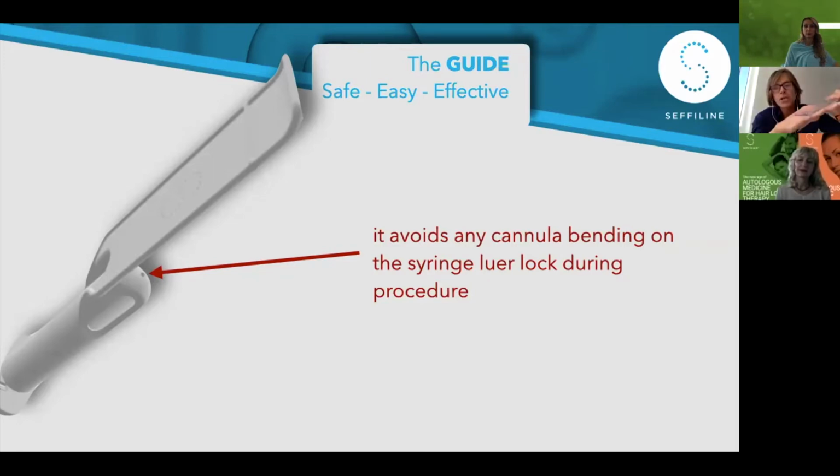During the procedure, you have movement in the hand. This avoids any kind of bending of the cannula at the attachment on the syringe. And so with this upgrade of the guide, the cannula is attached to the guide, and there is no bending when you perform the procedure.